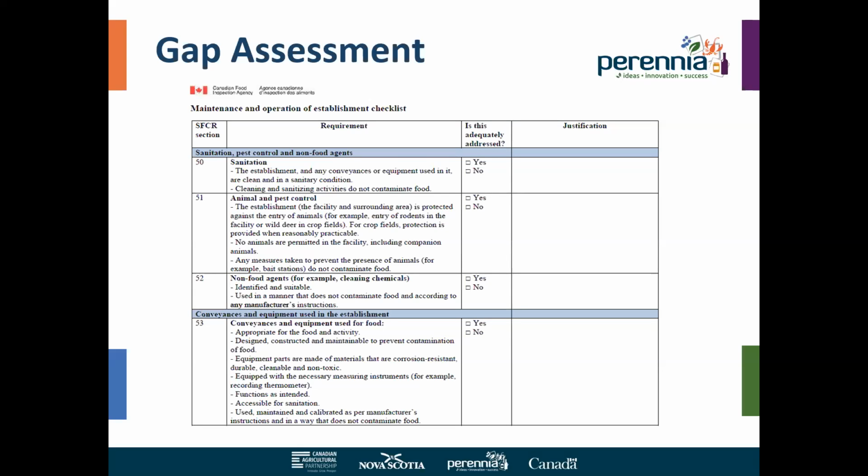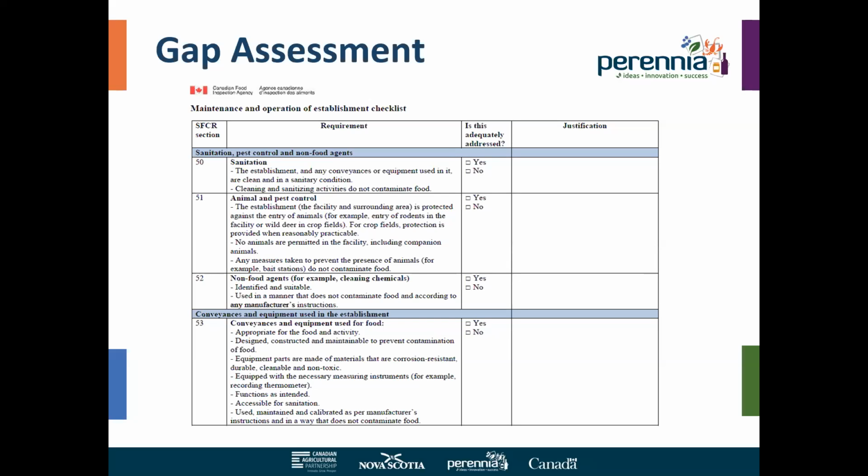Now, I'm not sure if many of you have seen this nice little tool, but you can find this on the CFIA website. So basically, this is like a gap assessment. It's a little template that CFIA has and they offer, and you folks can go on and download it. You will also be receiving this at the end of the presentation, as well as those links.